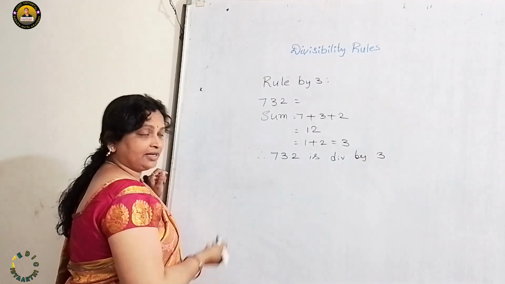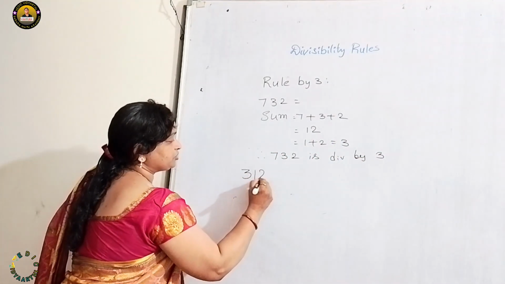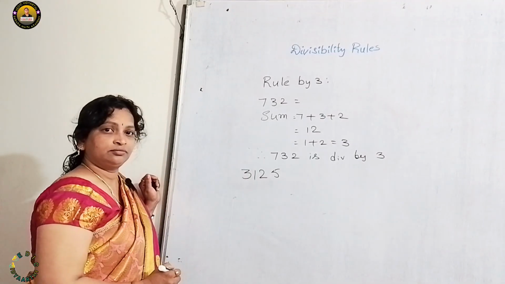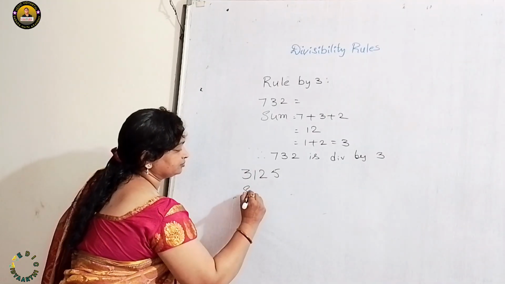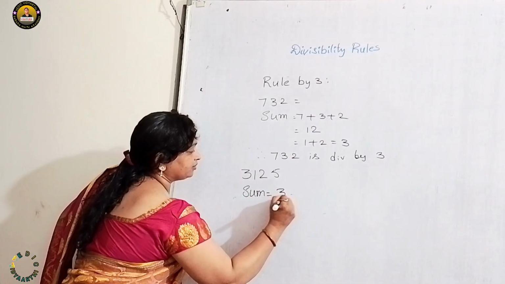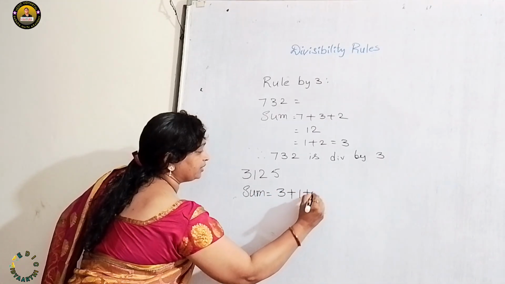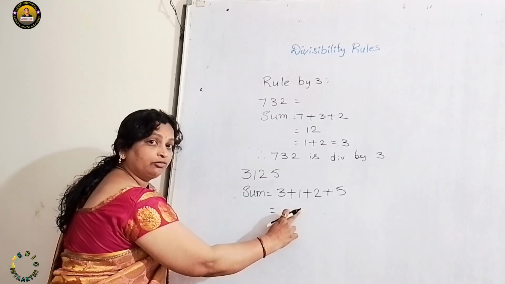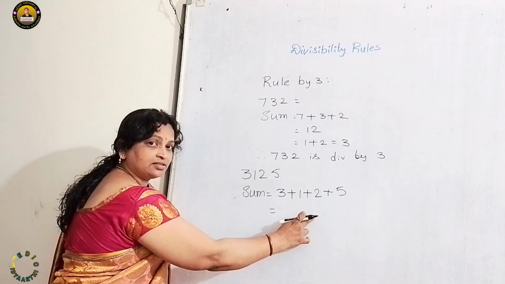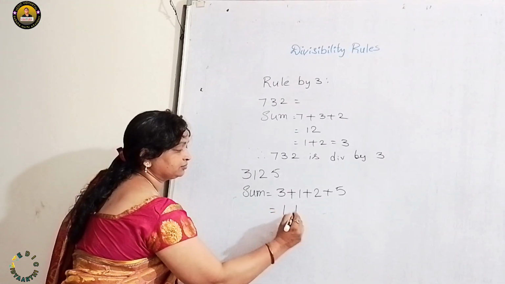If I take another example, 3125. What is the rule? Just we need to add the digits. 3 plus 1 plus 2 plus 5. 3 plus 1 is 4. 4 plus 2 is 6. 6 plus 5 is 11.